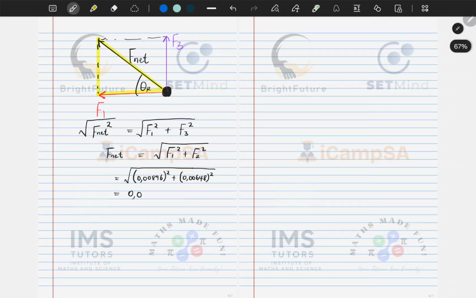This is 0.011 newtons. So now remember, a force is a vector and it deserves a direction. We have to specify a direction.